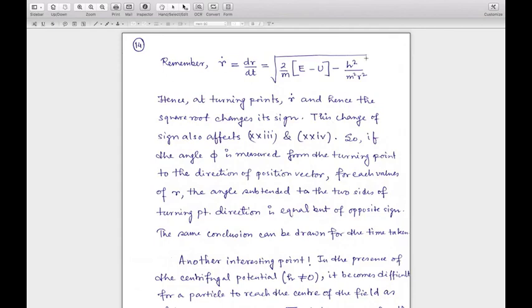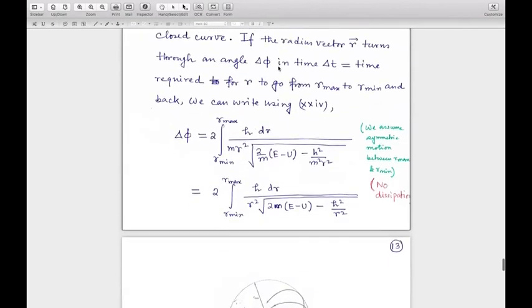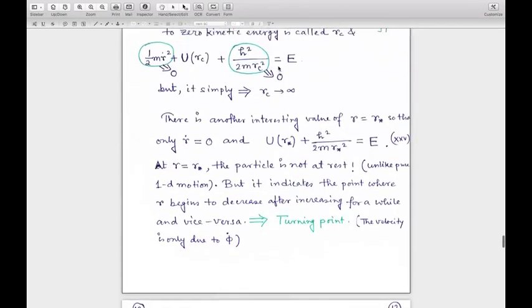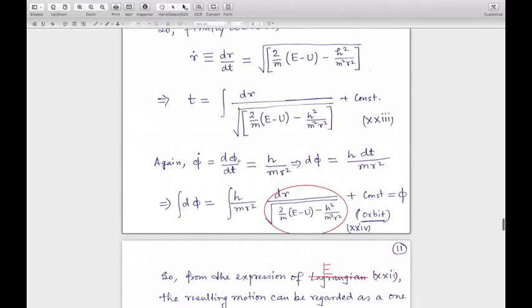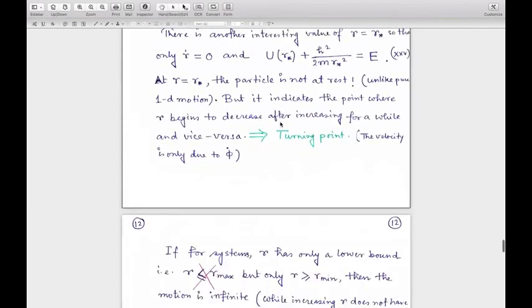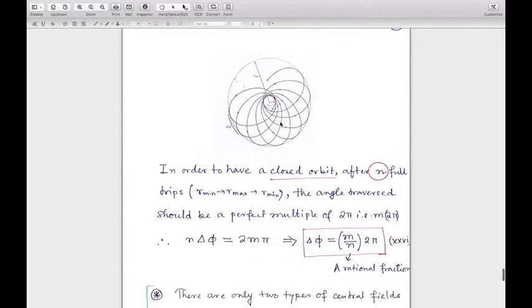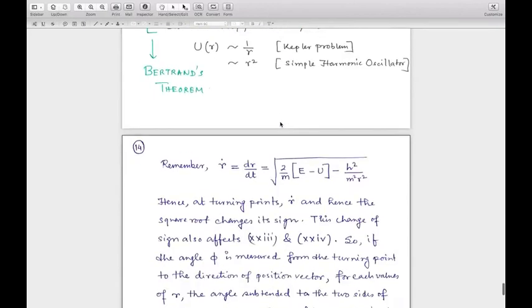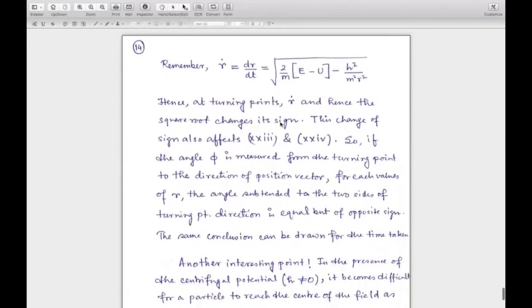And if you remember, this same integral also appears in the expression for both t and phi. So if this changes its sign, the total thing under the square root, that will also make the angle phi and the time change their sign before and after the turning point.